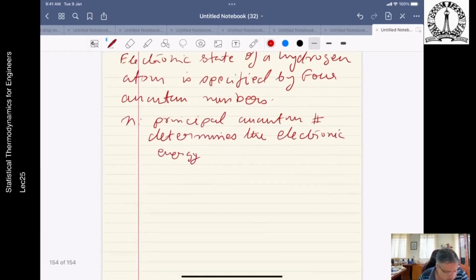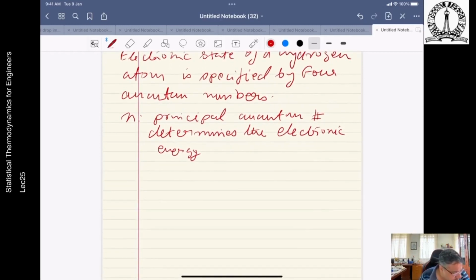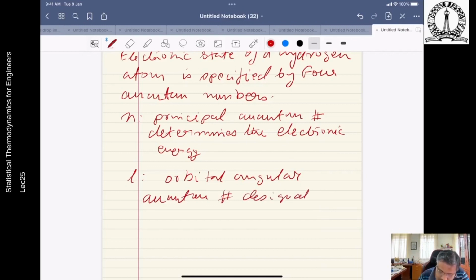Now, L is basically the orbital angular quantum number, designated as L. It defines the orbital angular momentum.